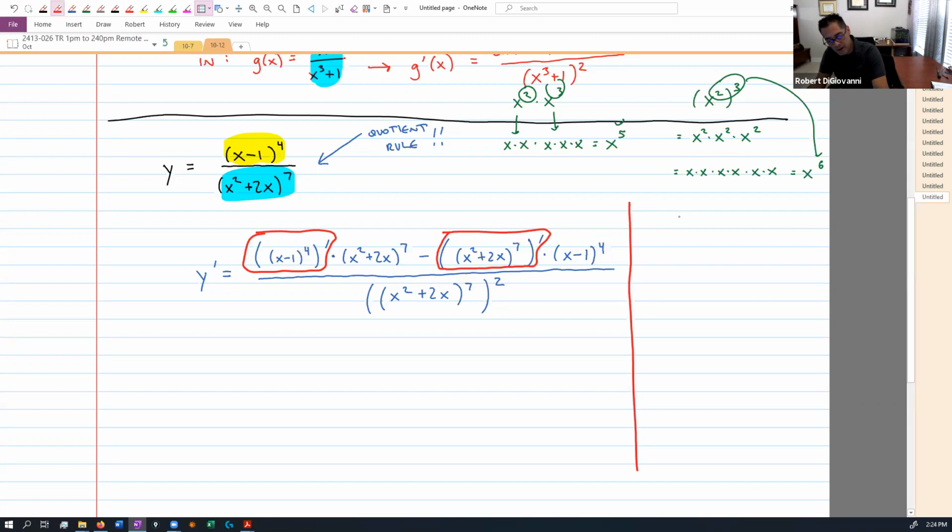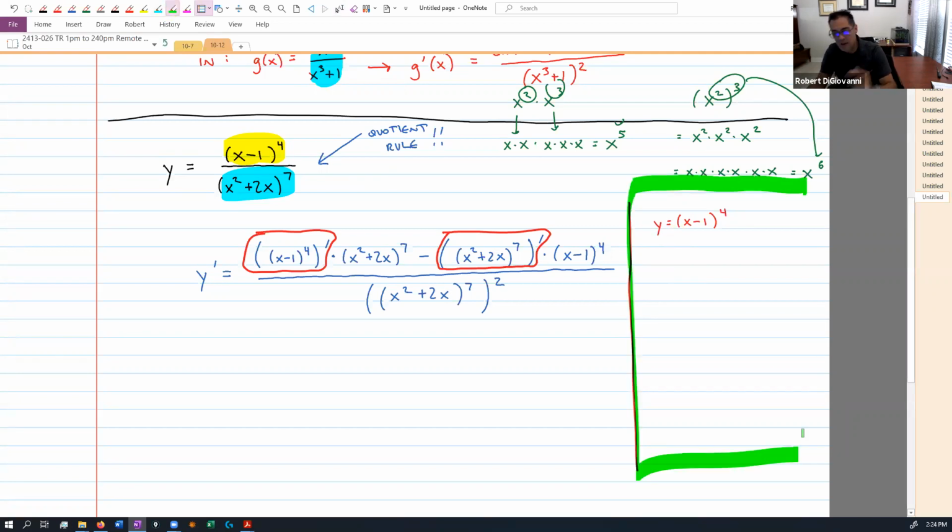You'd say, okay, I have x minus 1 to the 4th. Please understand, everything I'm doing in green here is like I'm in a new universe, and I'm just going to figure out what this answer is. I'm going to try and take the derivative of that.